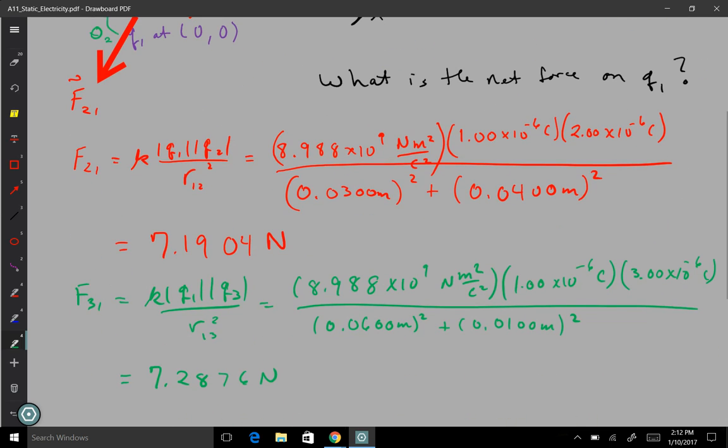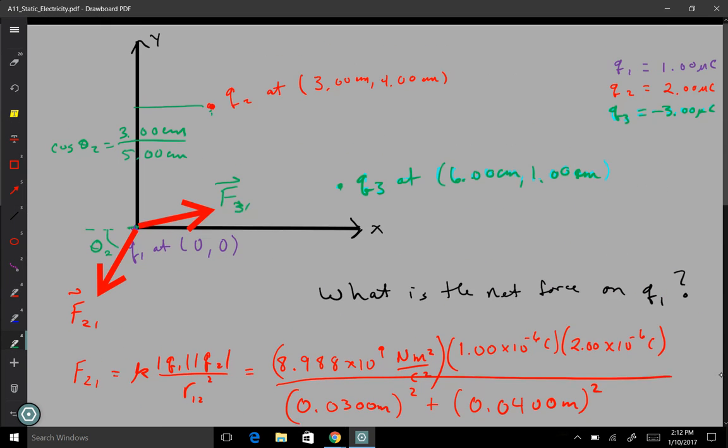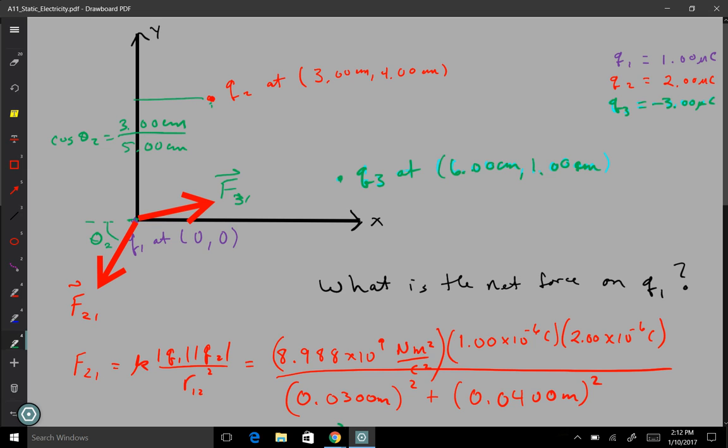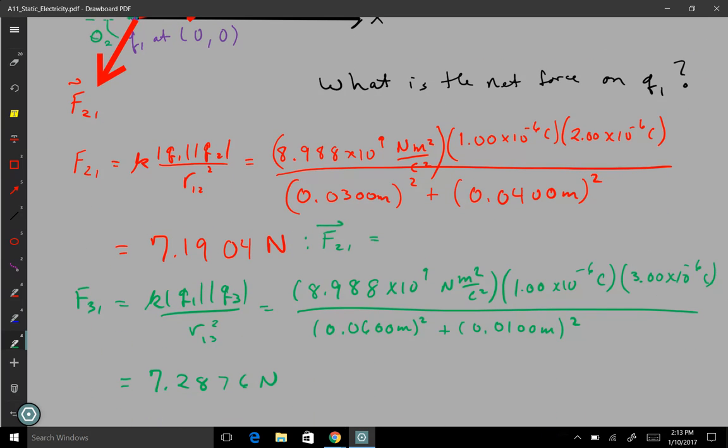So I can come down here and say force 2 on 1 vector is equal to, is that in the plus or minus direction for x? Minus. I can't use green here because then it'll get confused with the one below it, so going to blue.